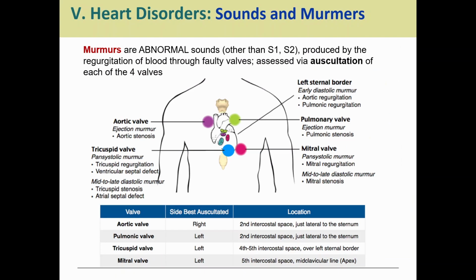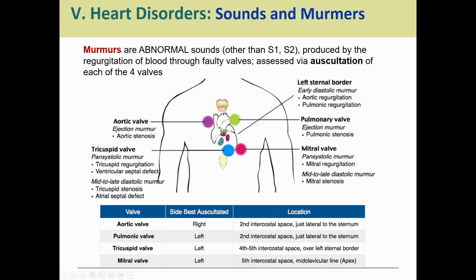Now, murmurs are going to be abnormal sounds. This is because the valves are maybe faulty, and so we're hearing noises that we shouldn't necessarily hear. And we can hear them in different places depending on which valve is affected. If we're looking at their color coding, right, we can hear the aortic semilunar valve by listening here.